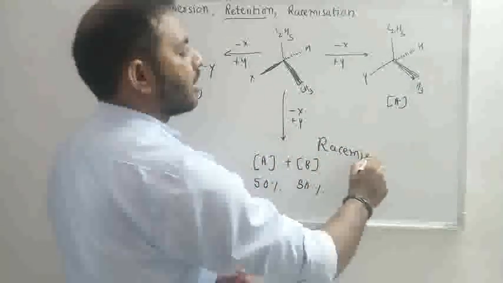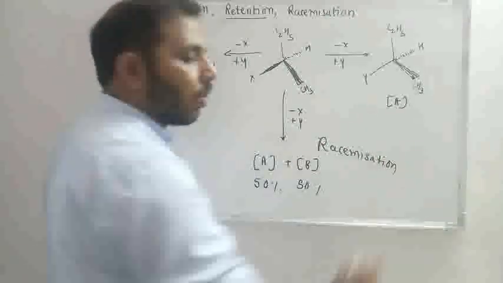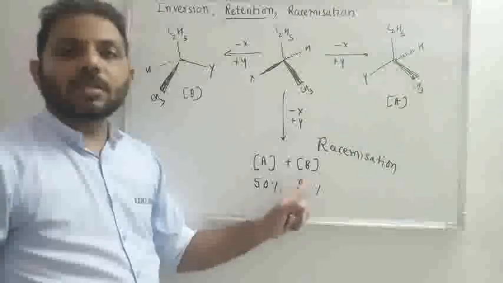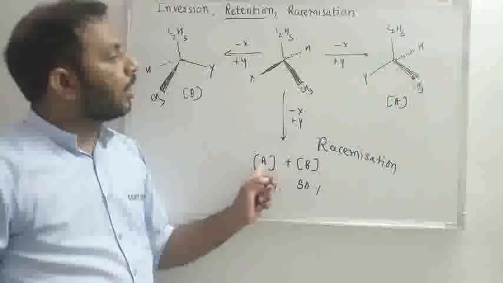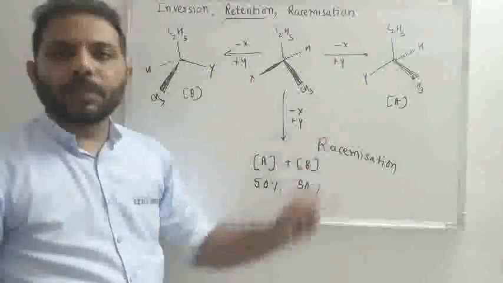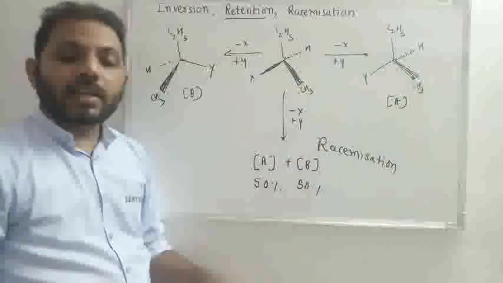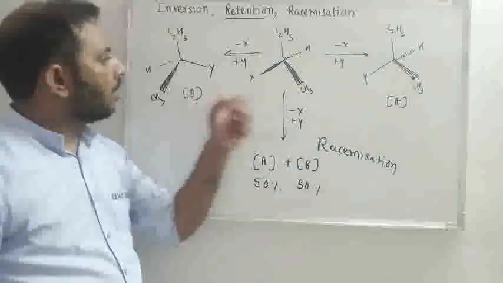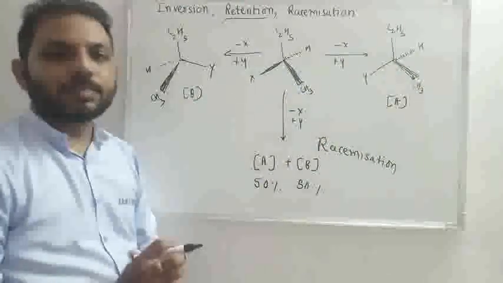That is known as racemization, because we are getting 50% A and 50% B, an equal amount of the mixture of A and B. So racemization is an equal amount of the retention and inversion products.